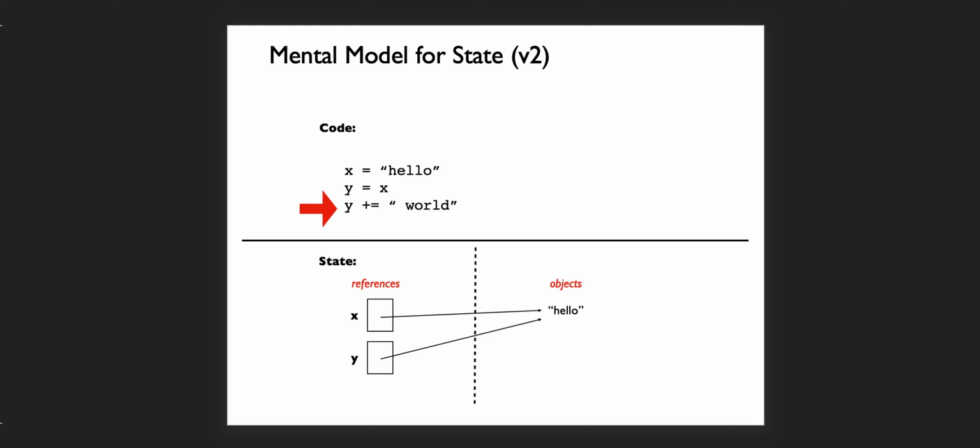Then when you create y equal to x, it actually creates a copy of the reference, and y now points to the same immutable string hello. Let's talk about the last step. When you append a substring to y, it creates a whole new string called hello world, and y is now going to point to that particular string.